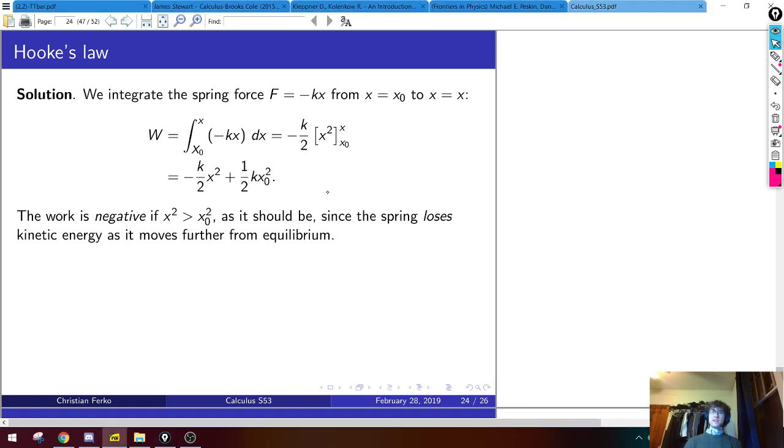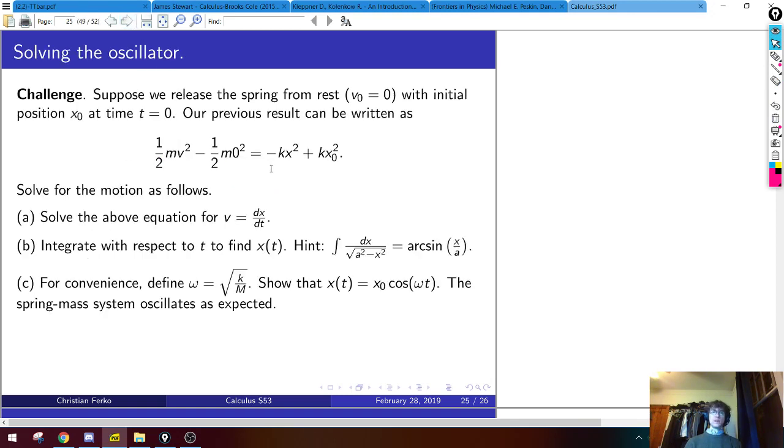Okay, fine. This was a simple exercise, but now we should see a more complicated one. How do we use this to actually solve for the motion of the spring at all times? So now a more complicated example. Okay, so we're going to release the spring from rest.